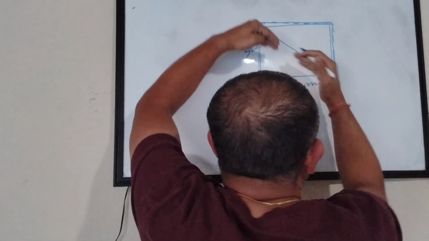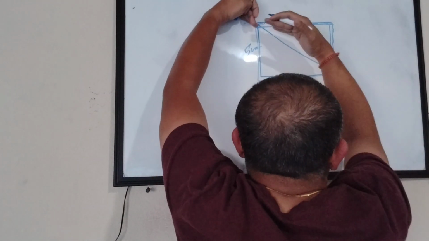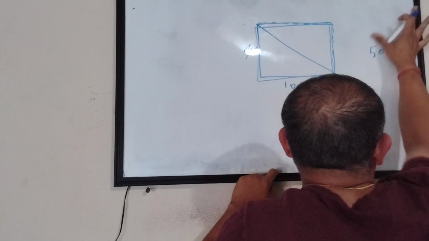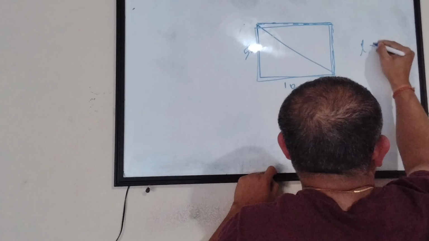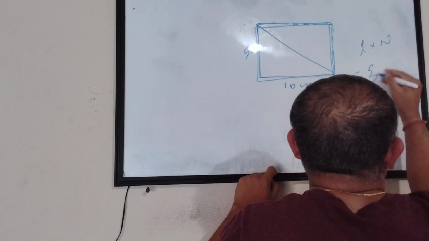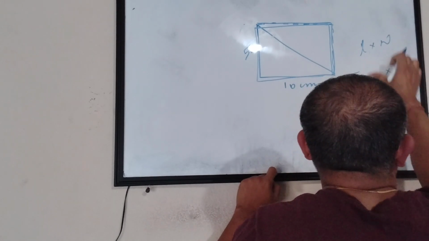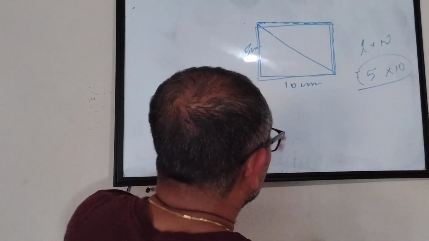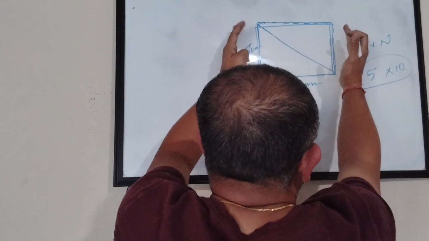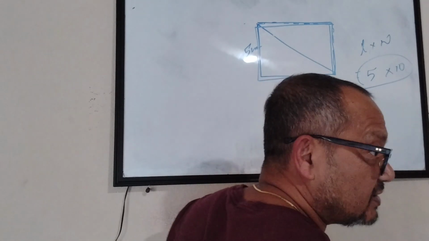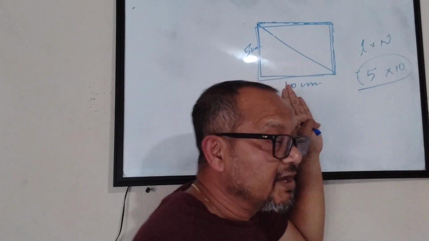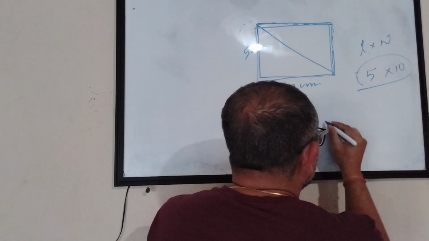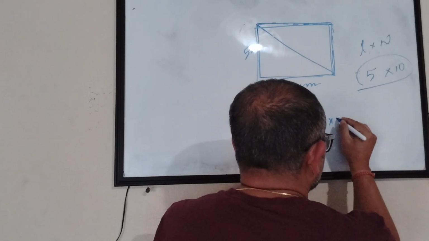If this was the whole rectangle, then that would have been 5 times 10, 50 centimeters square. But we're not talking about the whole area. We're talking about actually probably half of it. So that is why the area of a triangle is half times what would have been the area of the rectangle.